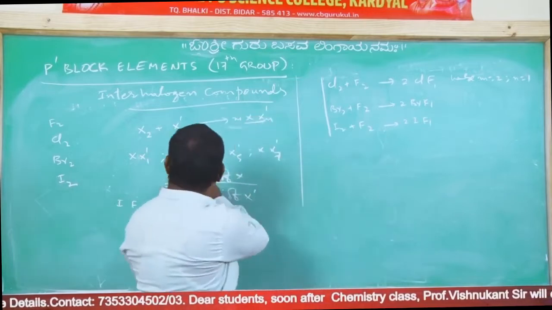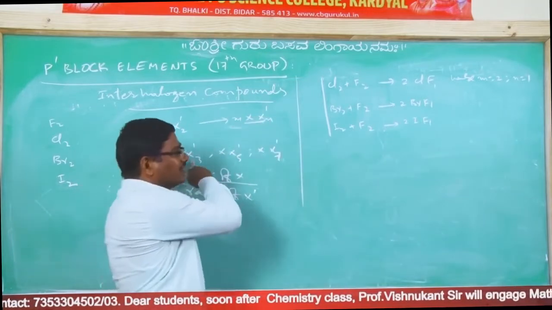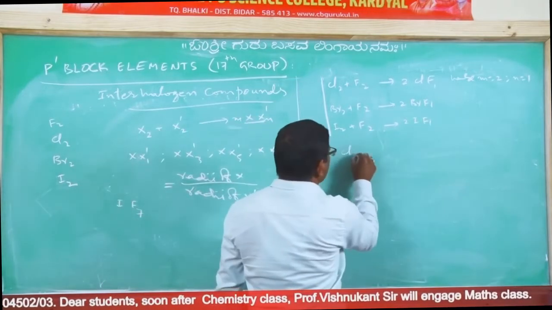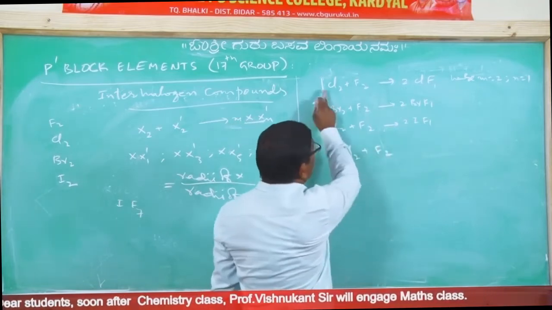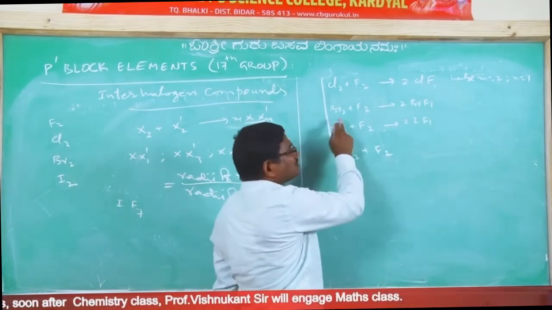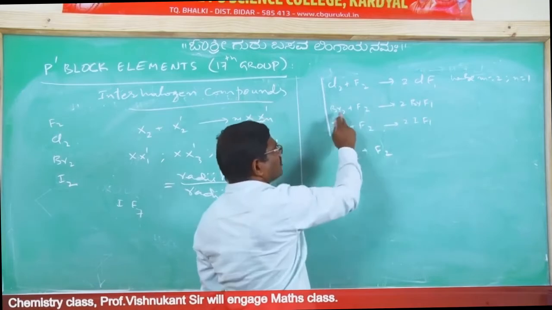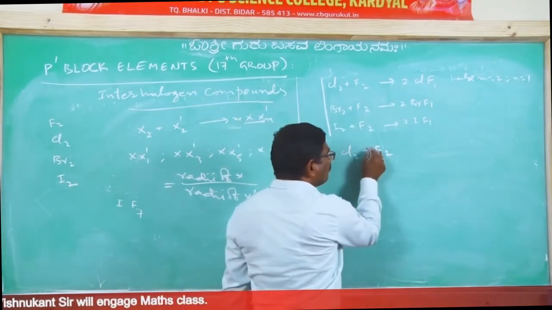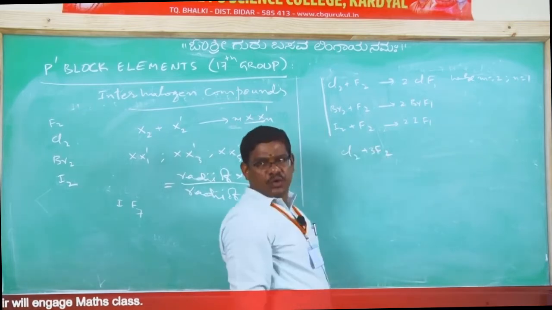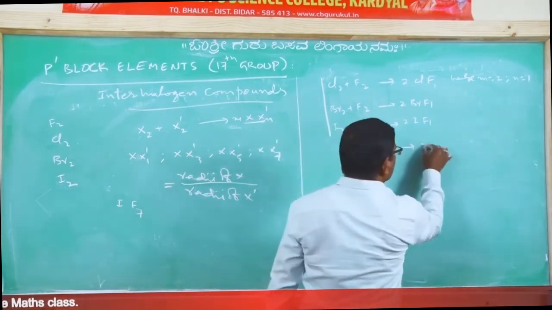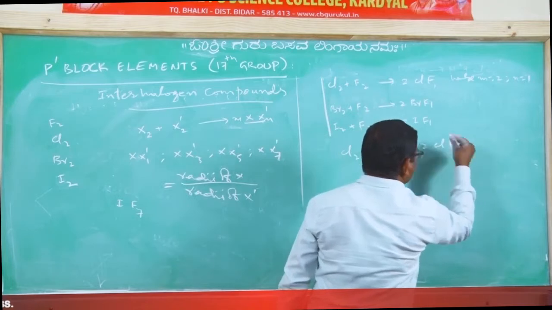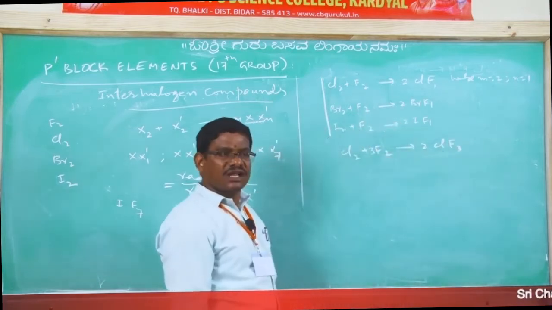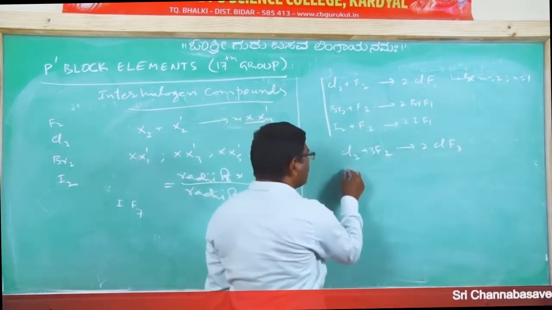Now XX'3 is there, see. Almost all chlorine reacts with F2. Here is the equimolar ratio of halogen atoms, 1:1 molar ratio. Here Cl2 with 3 moles of excess fluorine gets converted into 2 moles of ClF3. Clear? 2 moles of ClF3.